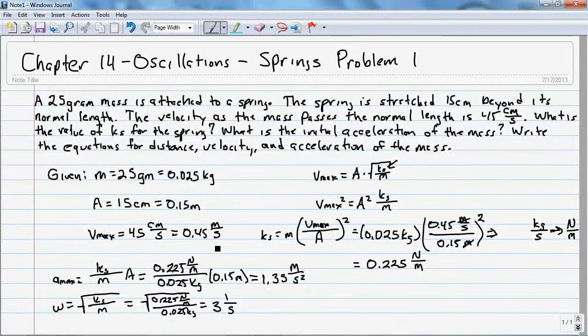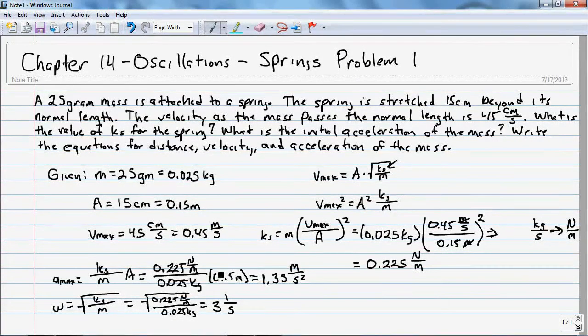Don't use frequency for omega. I'm sorry, don't use hertz for omega. Hertz is the units for frequency. Per second is the units for omega. Very important that you remember that.